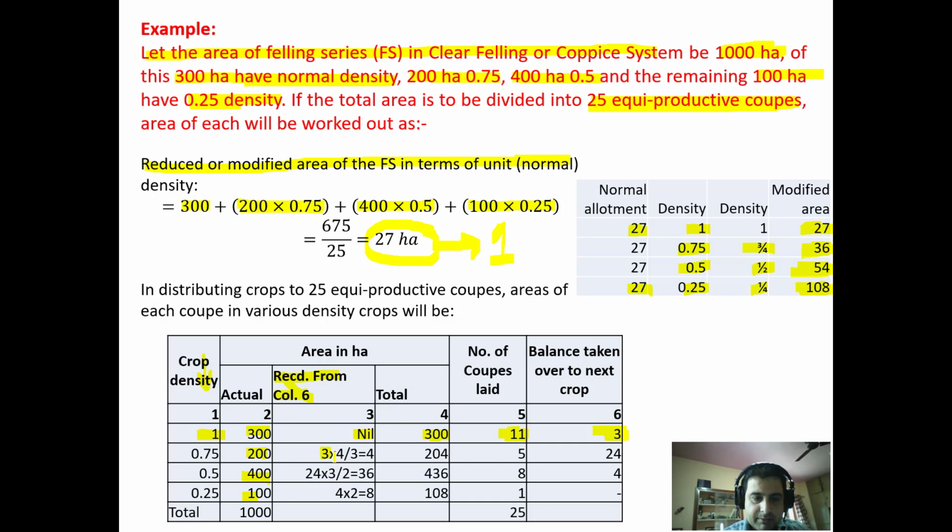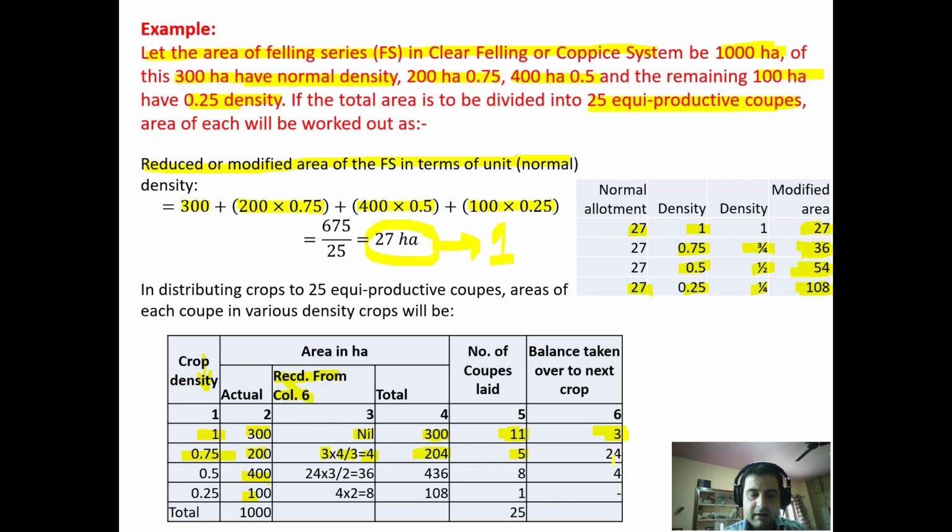So that becomes 4/3 ultimately. So we have an area of 4 hectare. To the existing area of 200, we will add this 4. It becomes 204. And 204, because it belongs to the 0.75 density class, has to be divided by 36. So 204 divided by 36 gives you 5 coops.